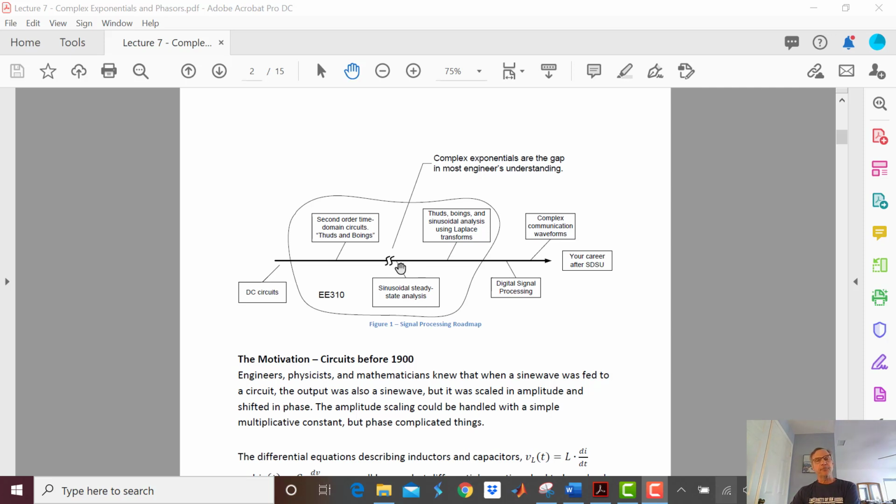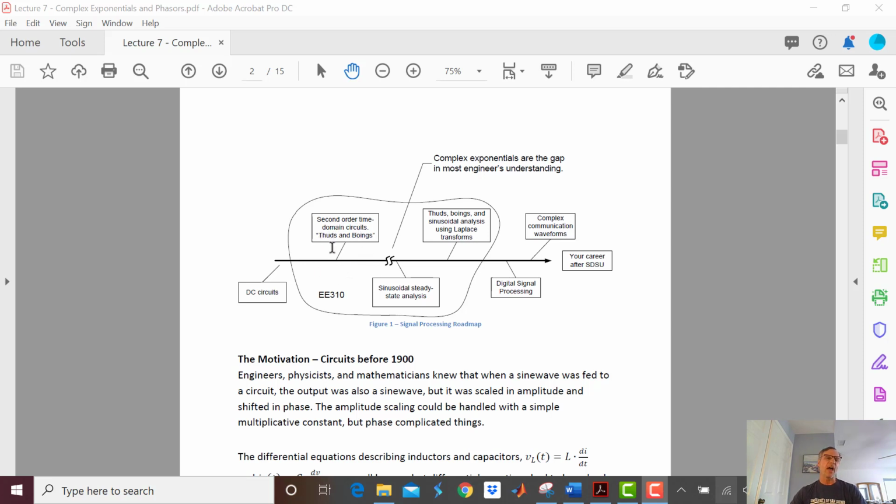And then after we do this, and frequency response will be in here, we're going to do thuds, boings, and sinusoidal analysis using the Laplace transform. So what you'll see is that we're going to learn some cool specialized techniques back here with the second order circuits.